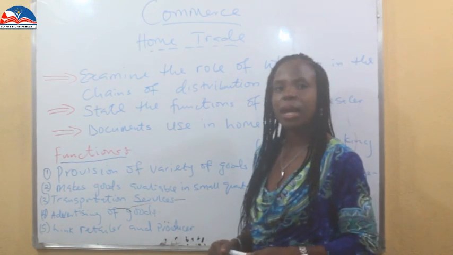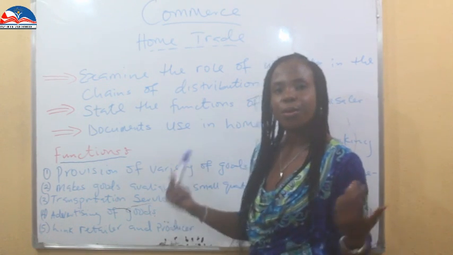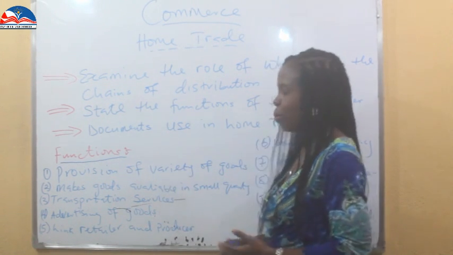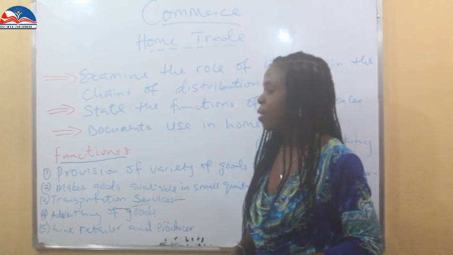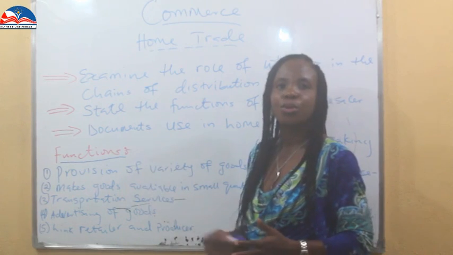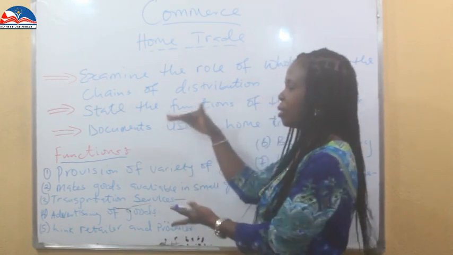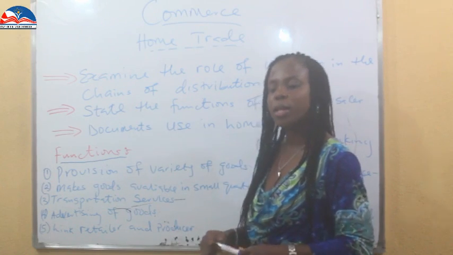The 4th one is that he carries out advertising for retailers, so people are aware of a product and they go to the retail store to buy it. He links the retailer and the producer, because he gets feedback from the producer down to the consumer and from the consumer back to the retailer. This is the function he performs for the retailer.